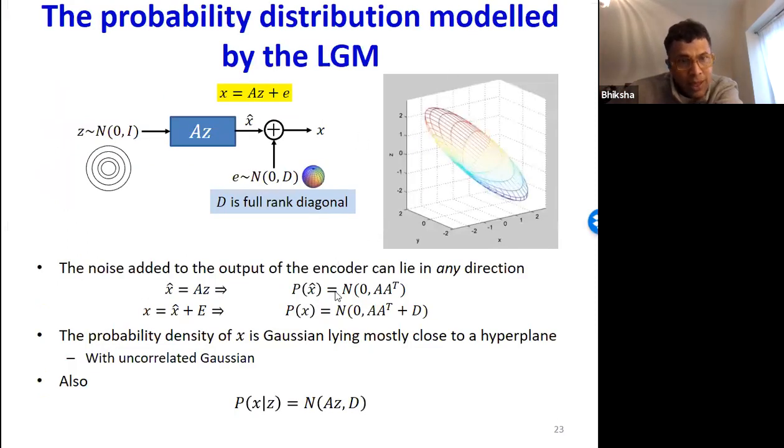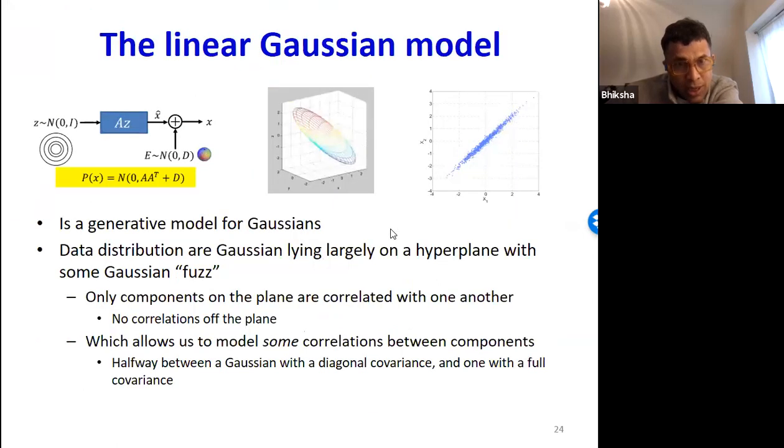So now, continuing, what about the linear Gaussian model, which is a generalization of PCA? We just saw that it also models a Gaussian distribution, which says the distribution of the data is Gaussian, lying largely on a principal hyperplane with some Gaussian fuzz.